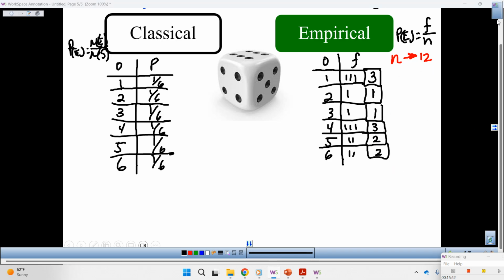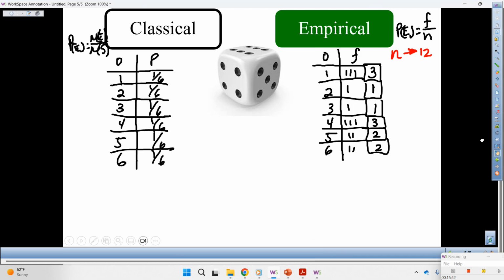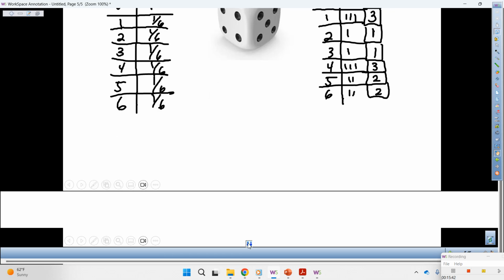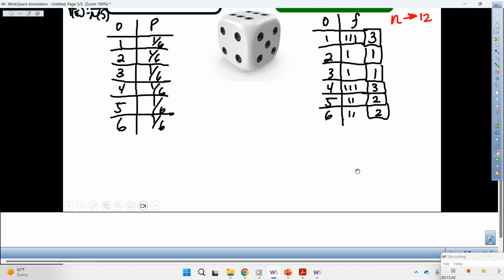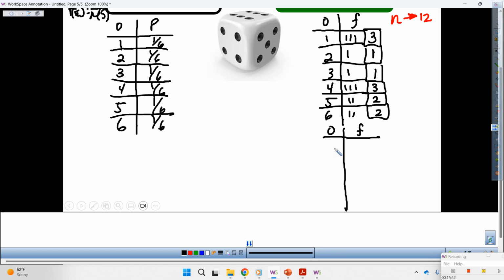Okay. So, underneath that one, let's do another table. And you create some space over here. O for outcome, F for frequency. 1, 2, 3, 4, 5, 6.